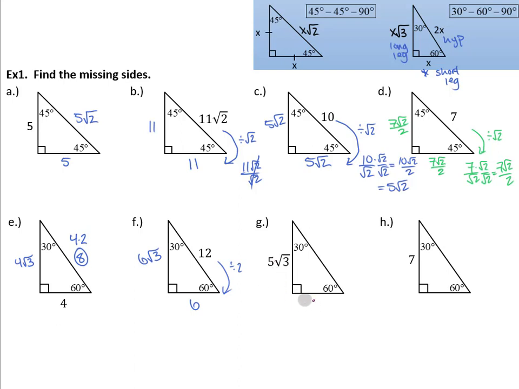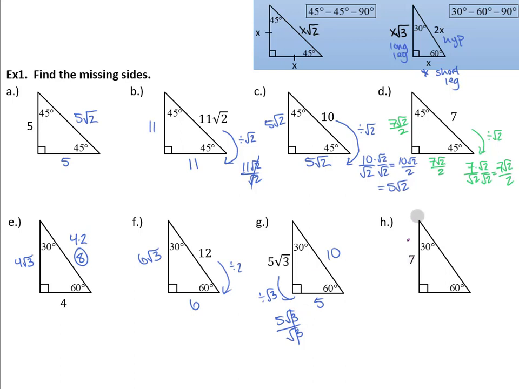Or think of, again, if I knew the short leg, to get to the longer one, we multiply by square root of 3. So if we need to go backwards, we would divide by square root of 3. So 5 root 3 divided by root 3, the root 3's cancel, and we get 5 as our shorter leg. Double it to get the hypotenuse, and our other length is 10.